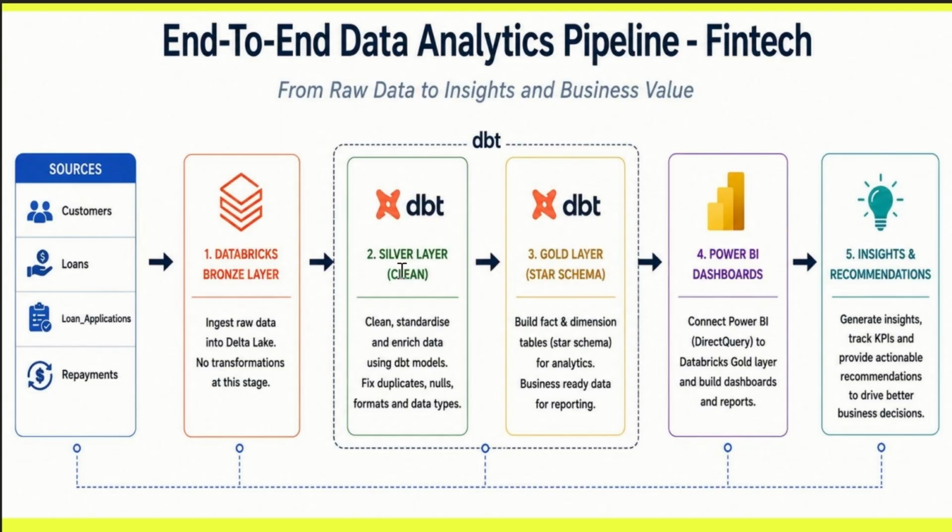Within the silver layer, we shall do all the transformation of our data, such as removing duplicates, dealing with null values, and fixing data types, all sorts of data transformation under this layer called silver.